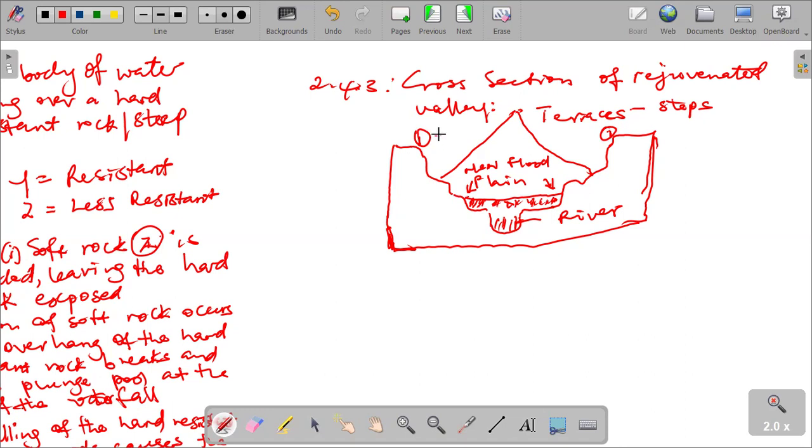The broken line that I'm showing here is not asked for, but I'm just trying to answer the question comprehensively. The broken line is showing us the oldest floodplain.